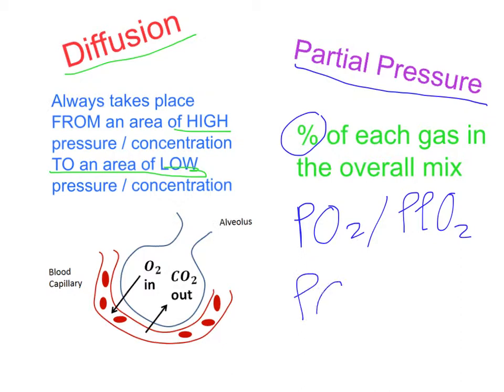And we also talk about the pressure of carbon dioxide or partial pressure of carbon dioxide. These are things again that we need to know about when we get into the actual answer. But essentially all we're talking about is how much oxygen is in the mix and how much carbon dioxide is in the mix. And that links to the diffusion: if one is higher than the other, then we need to even it out.